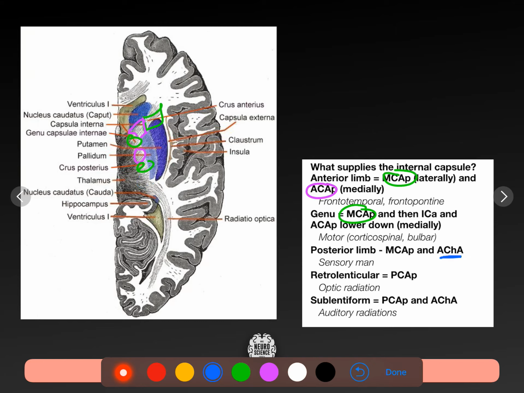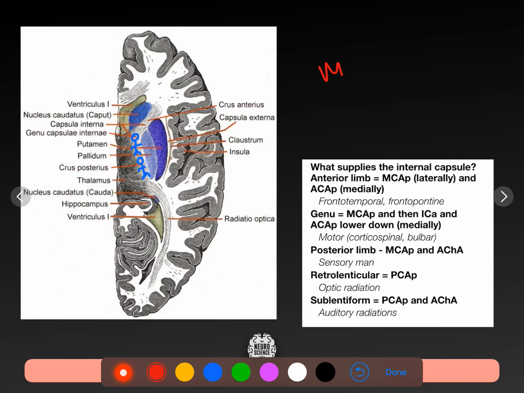So we start at the genu with motor, and then we move to sensory. A very schematic, simple way that kind of works is if at the genu you draw a head, and then you draw a body, and then you do it again. That's basically the somatotopic organisation of the internal capsule. The motor head is at the genu, motor trunk and limbs is further down, then sensory. So motor then sensory.